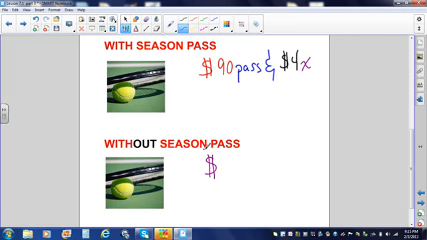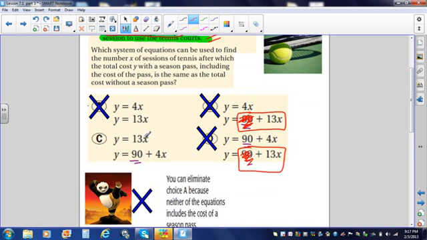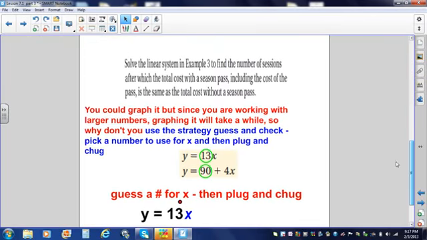So you only pay $13 each time you use the tennis courts without the season pass. So it can't be either one of these. There's a 13 per session by itself. If I pay $4 a session, then there's my $90 season pass. Now, C would be the right answer, but let's take it one step further.